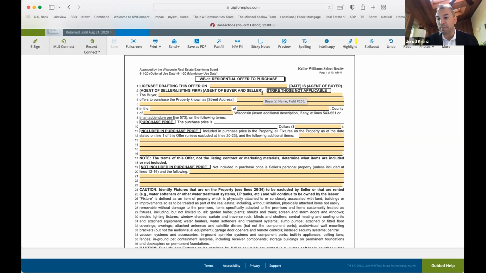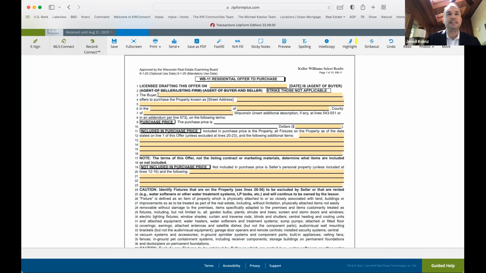You can represent both if you have the listing and the buyer, and both buyer and seller agree that you can represent both. But 9 times out of 10, you're going to be representing the buyer, the agent of the buyer. So what you're going to do is cross out this section right here. And that's all you need to do. Any questions with that?